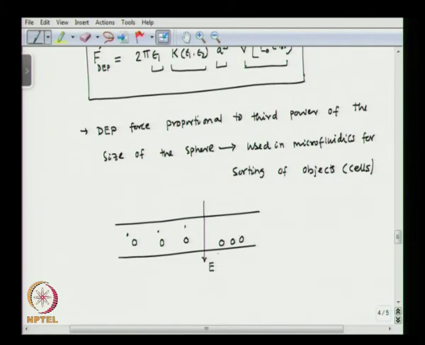So they will move towards the wall, okay, irrespective of their initial position, and the smaller objects will tend to remain in their original position, okay. So they can be separated, where you can take out smaller particles and separate them from larger particles, okay.